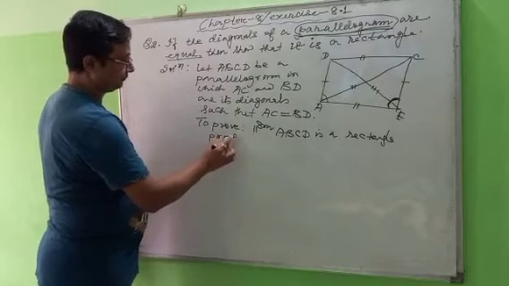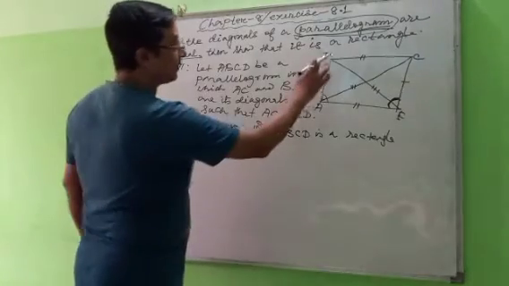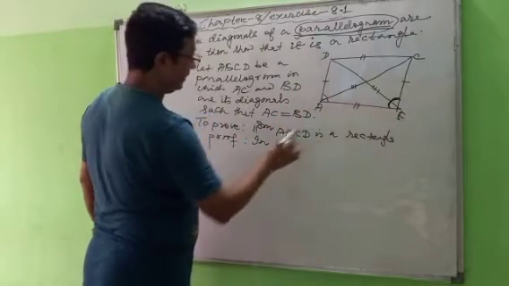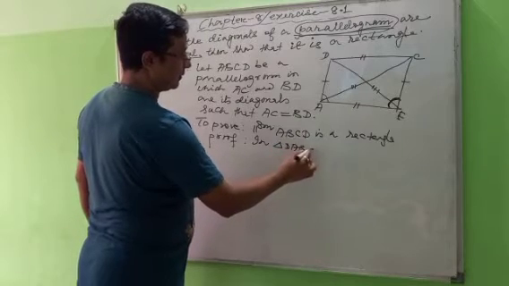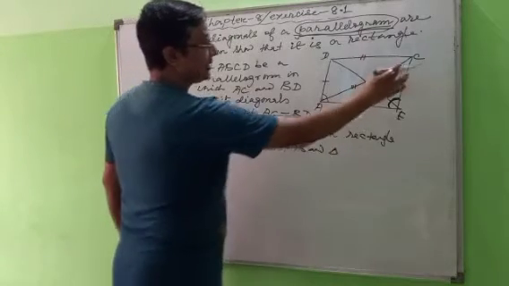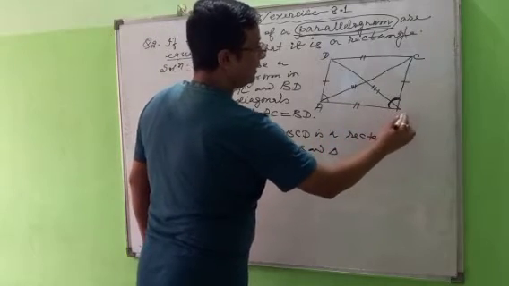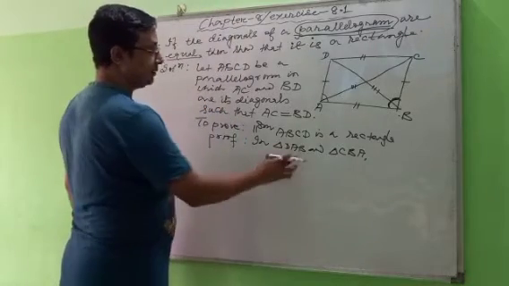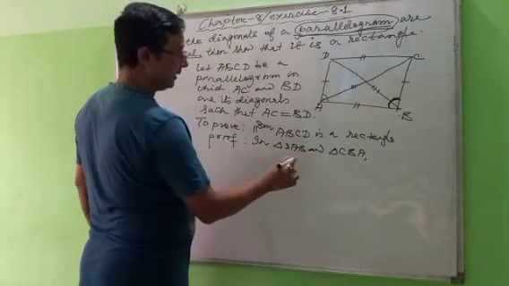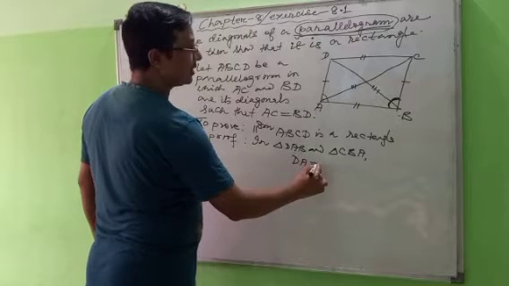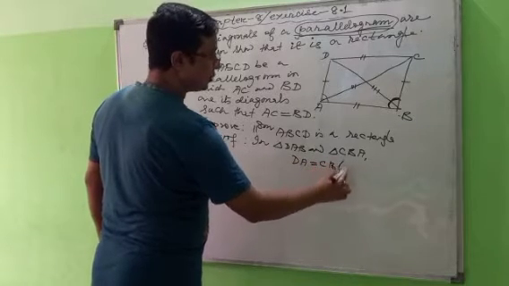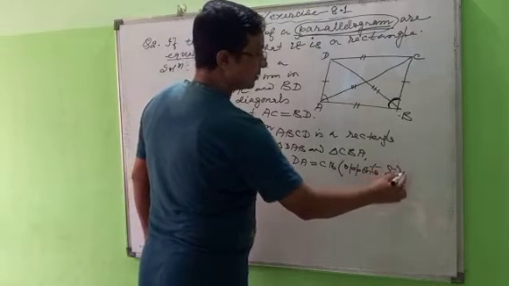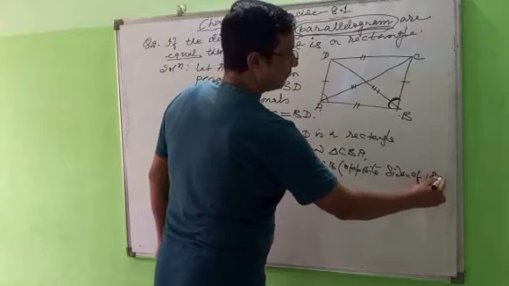Now proof. In triangle DAB and triangle CBA, you have got from these two triangles that DA equals CB, because opposite sides of a parallelogram are equal.